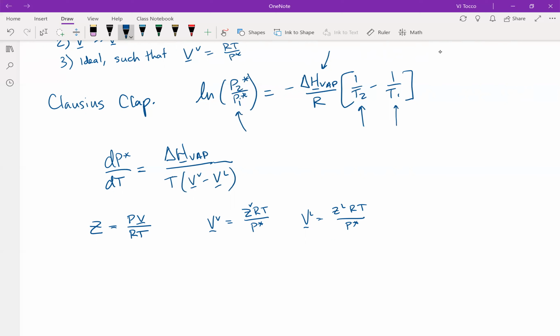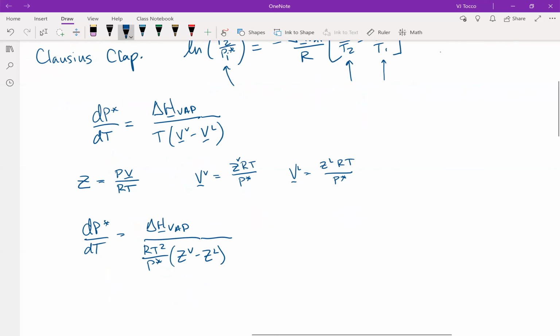All right, so I'm going to make that simplification. I'm going to plug all those values in, and I'm going to factor out this common RT over P. All right, so that is going to give me dP star dT is equal to delta H vaporization over RT squared by P star, and then I've got a Z vapor minus Z liquid.